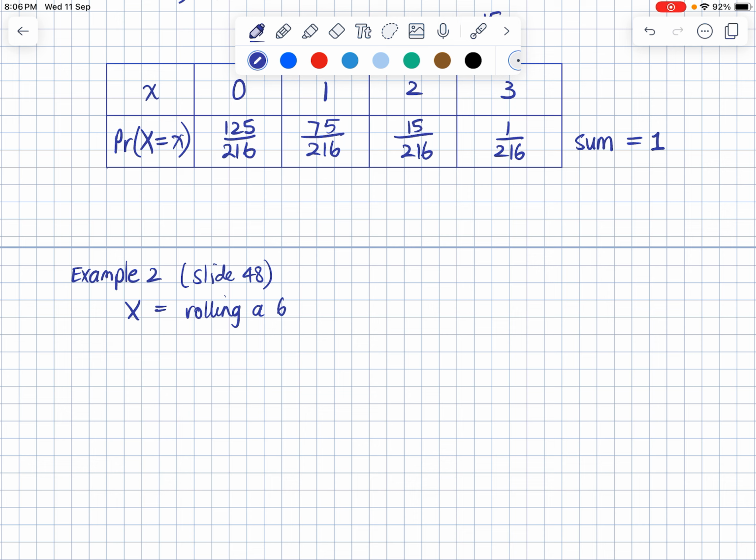But now we're going to roll a dice 5 times. Draw a probability distribution table. Spelled probability wrong.